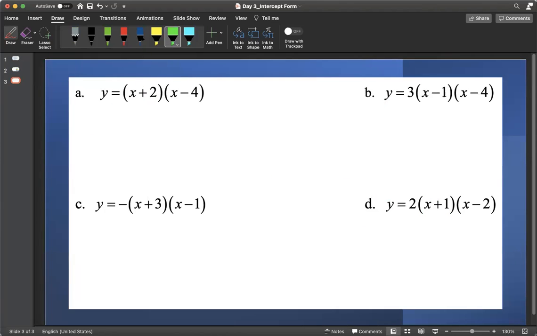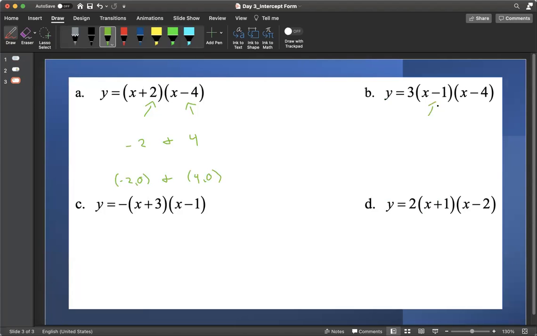So over here, we have a positive 2 and we have a negative 4. So our x-intercepts are going to be a negative 2 and a positive 4. This can also be written as negative 2, comma, 0 and 4, comma, 0.